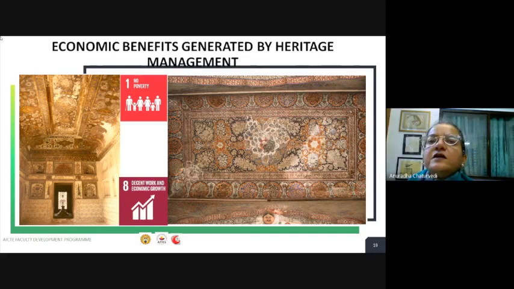So on the left side, you can see the kind of skills which the craftsmen possess and which are necessary for all conservation projects which are undertaken. On the left you can see Agra, on the right Dehradun.